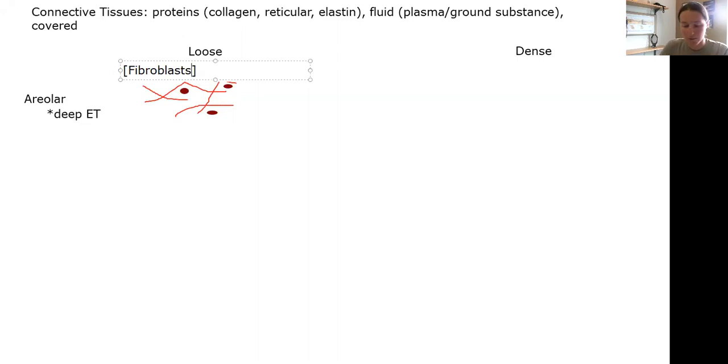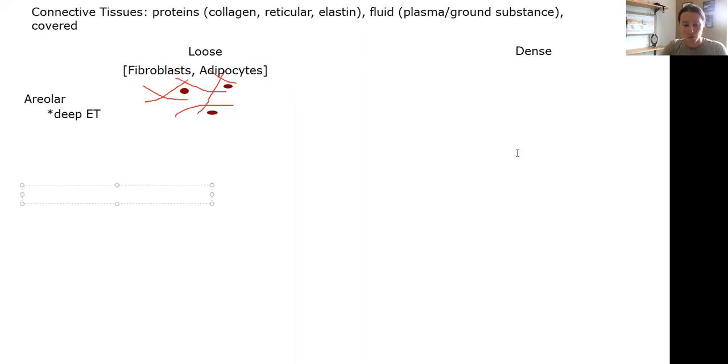You also might have adipocytes, so fat cells as well, in this loosely arranged configuration of tissue. You'll find this tissue in pretty much any slide. Anywhere you see an epithelium, you will always see loose areolar connective tissue deep to it.